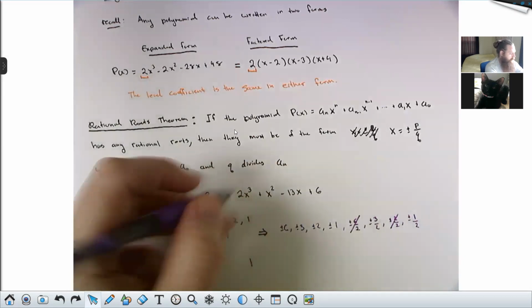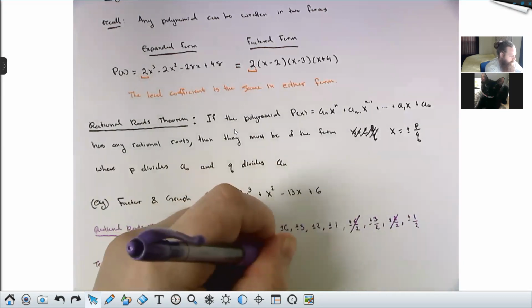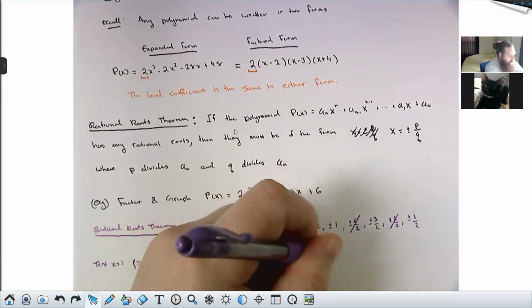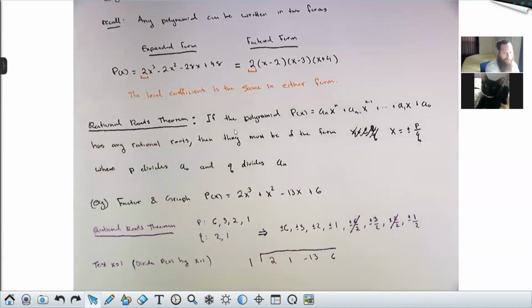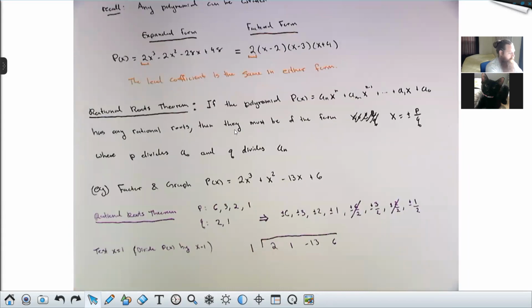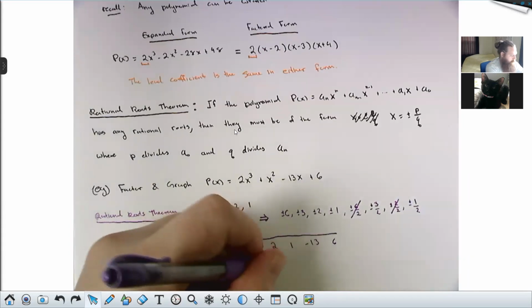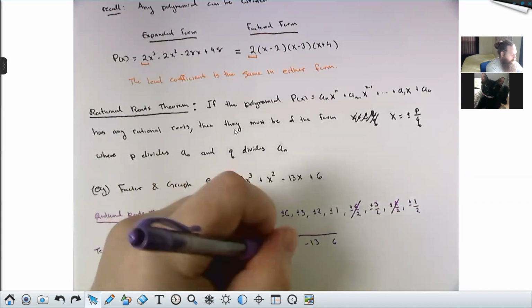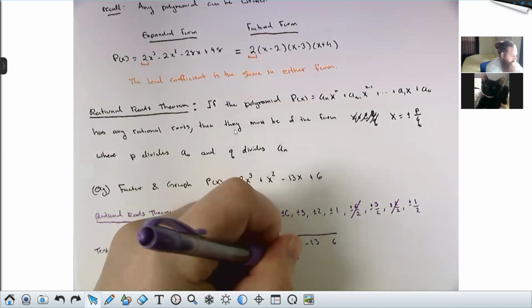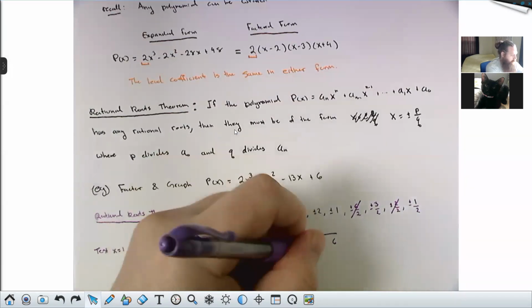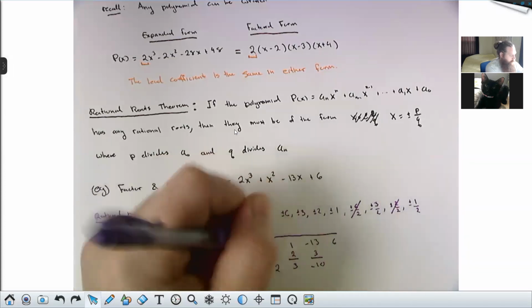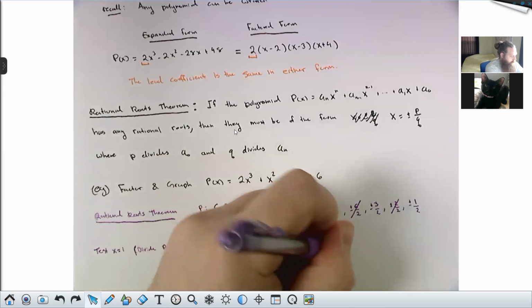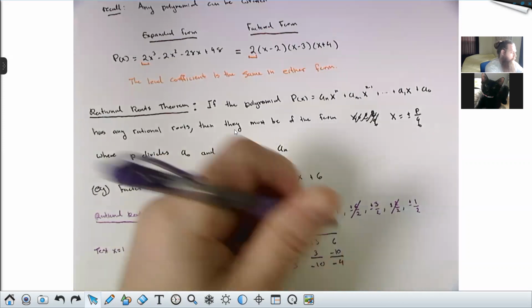And then you write the coefficients of p, which are 2, 1, negative 13, and positive 6. And then we do the synthetic division. So I bring down the 2. 1 times 2 is 2. 2 plus 1 is 3. 1 times 3 is 3. Negative 13 plus 3 is negative 10. 1 times negative 10 is negative 10. Plus 6 is negative 4.